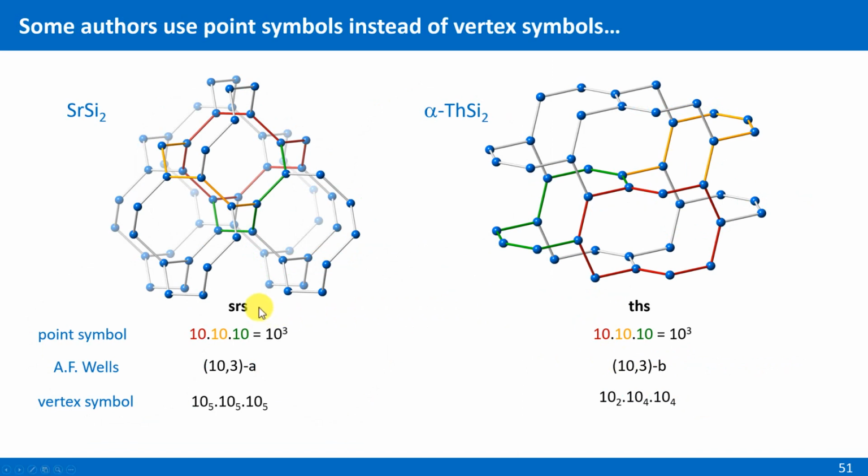This is the case, for instance, for SRS and THS. Wells, of course, recognized that these nets are different, so he decided to use additional alphabetical postfixes, and we see that the vertex symbol is different. So we can conclude that point symbols are not sufficient to characterize networks.